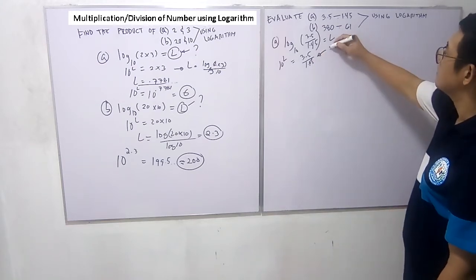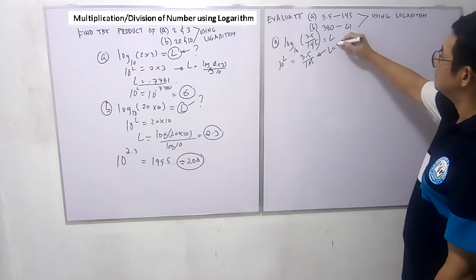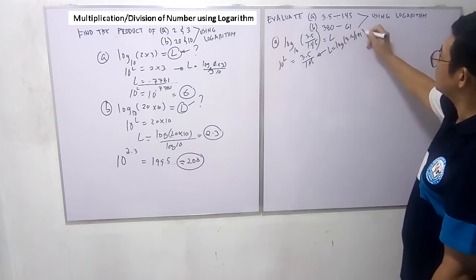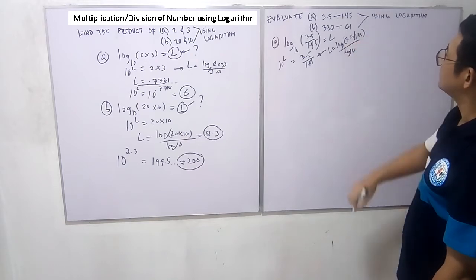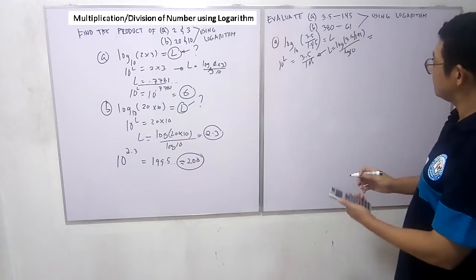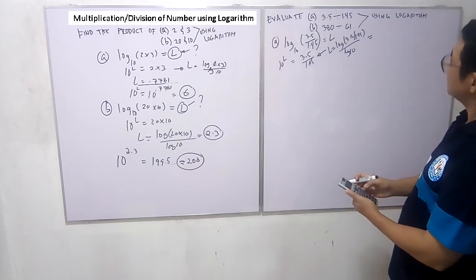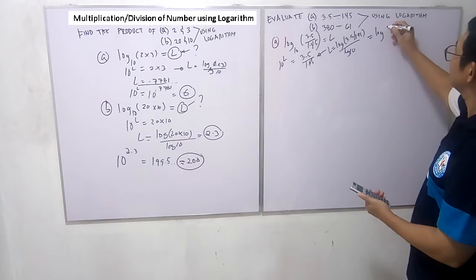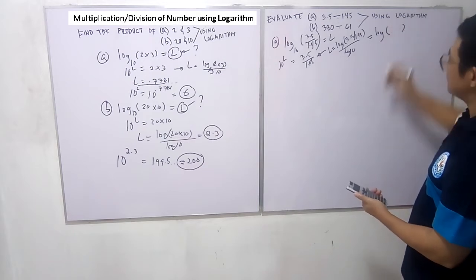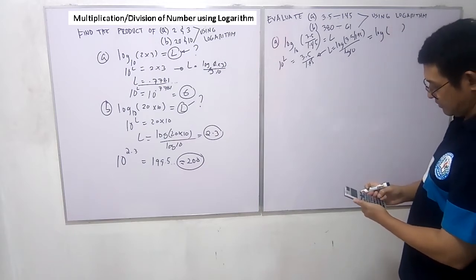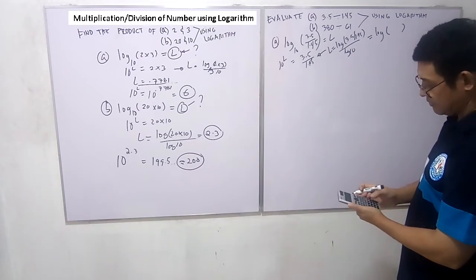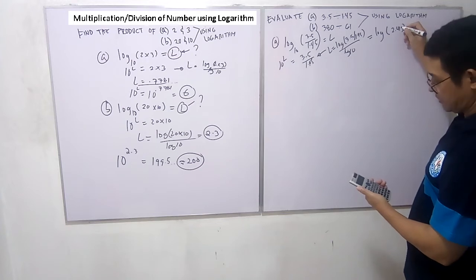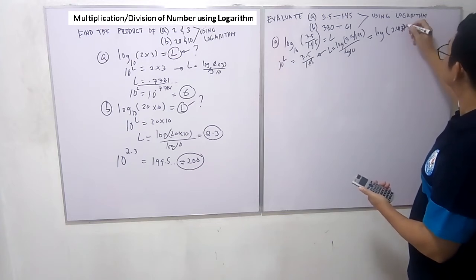Therefore, L equals to log of 3.5 over 1.45 over log of 10. Therefore, yung L, magiging value ay log of, kasi ito 1 na to sa ilalim, okay na to.